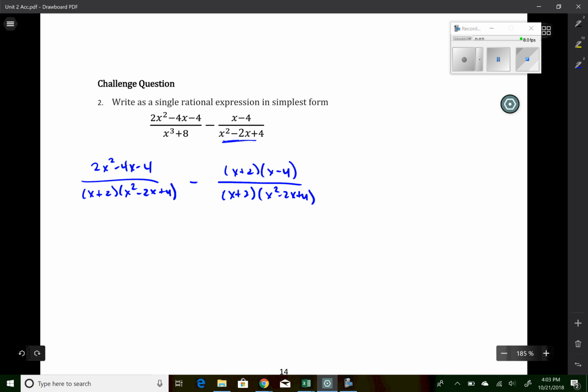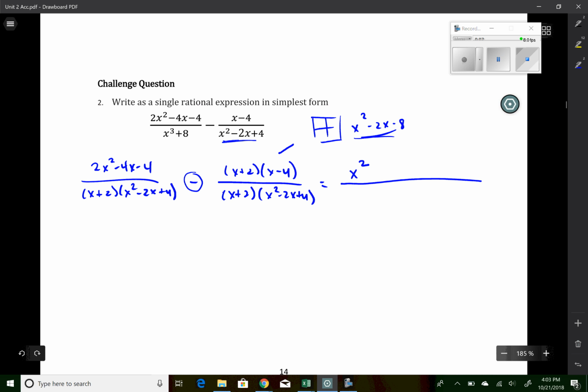So if I multiply out that second numerator, if I make my boxes and do that whole thing, it's going to become x squared minus 2x minus 8. And then see, this subtraction sign tells me to distribute the subtraction to all of this. So when I get this new bigger fraction, I'm going to have a 2x squared minus 1x squared, which is x squared.